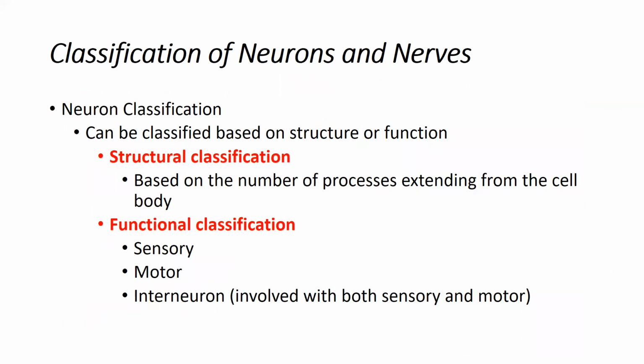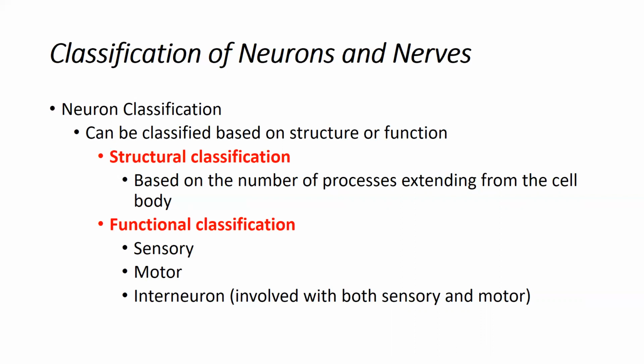All right, when we classify neurons, they can be classified based on their structure, which is how they look, and they can also be classified on their function, which is how they act, or what function they have in the nervous system. So the structural classification is based upon the number of processes that extend from the soma, or the cell body.